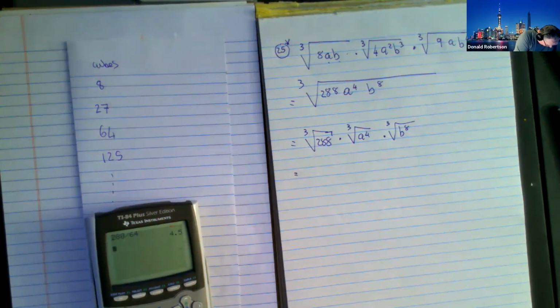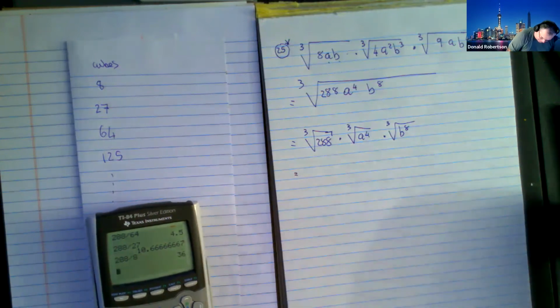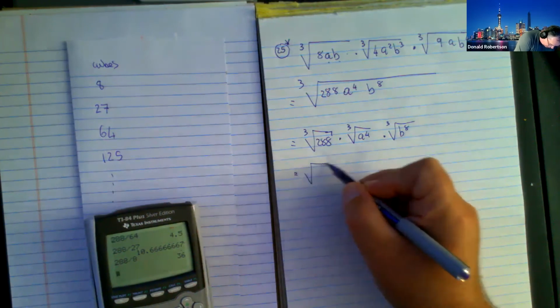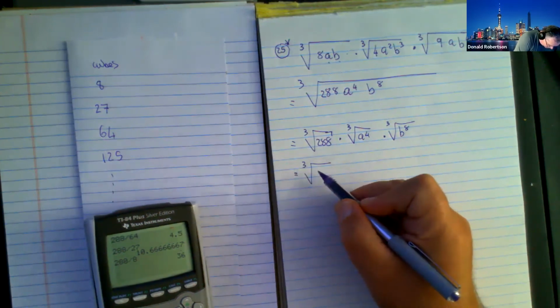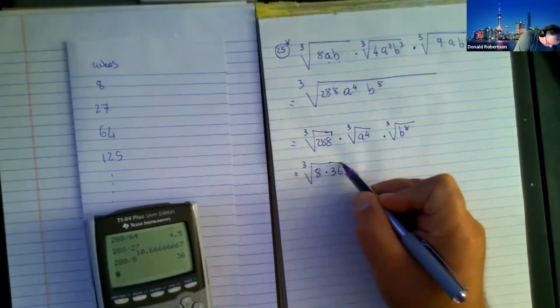How about 288 being divided by 27? Nope. How about 288 being divided by 8? There we go. So it's the cube root of 8 times 36.